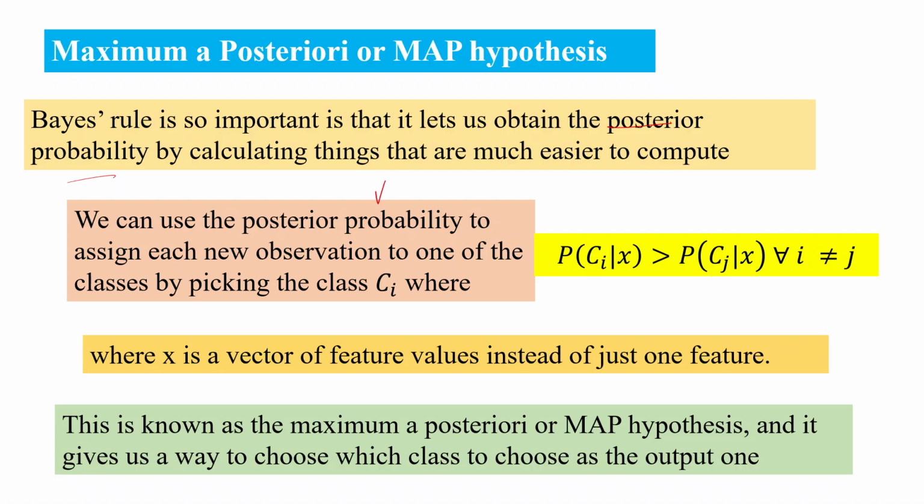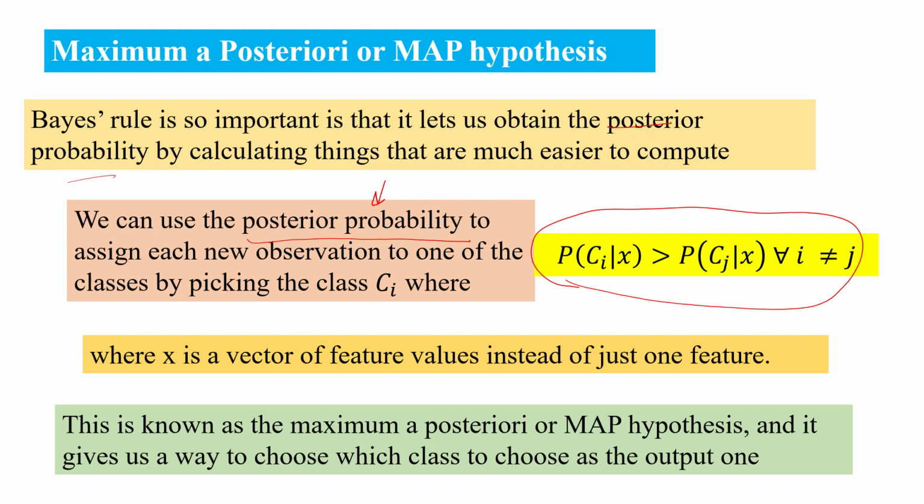And having computed these posterior probabilities for all the classes, we can assign any data to a class by finding the class which has the highest P(Ci given X) as compared to all the other classes Cj.